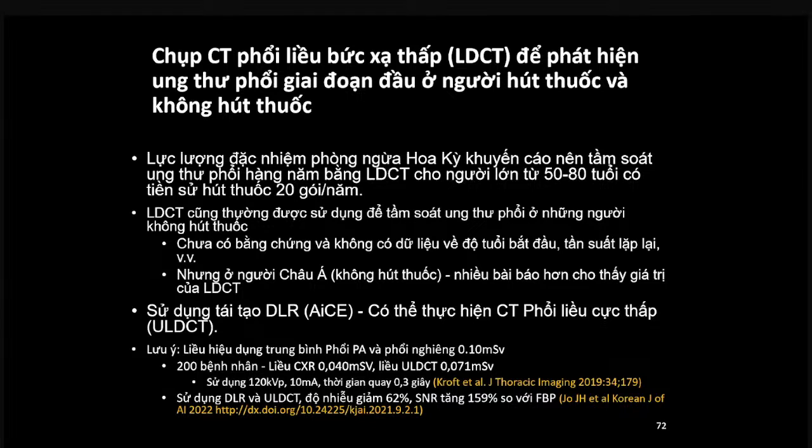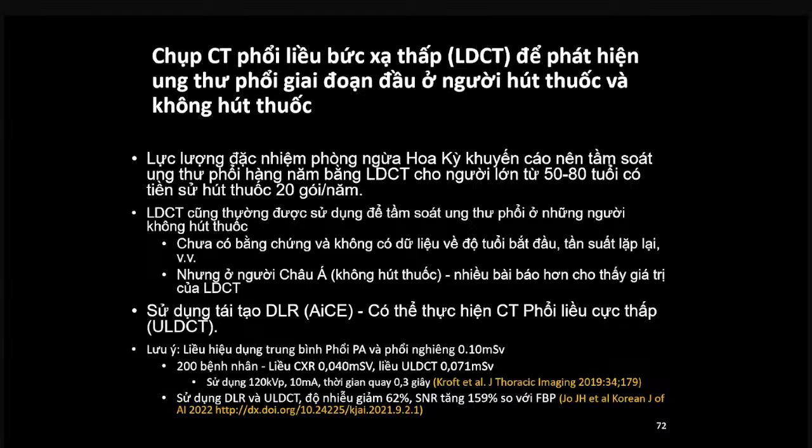how often it should be done, for example, but there are more and more papers being published on Asian non-smokers showing the value of low-dose CT for early detection of lung cancer. Using deep learning reconstruction software, ultra-low dose CT scan can be performed. So just to remind you, the average effective dose of chest PA and lateral film is 0.1 millisievert.